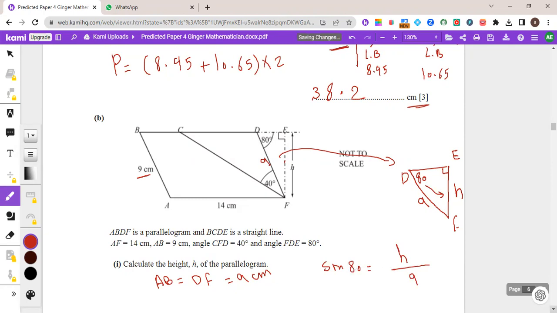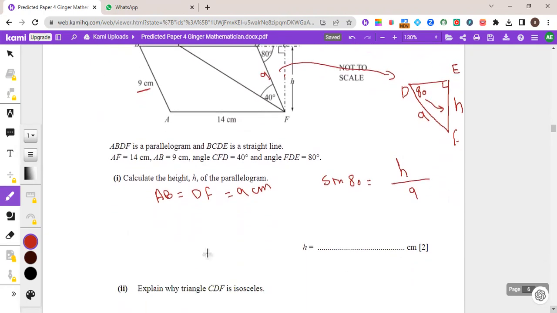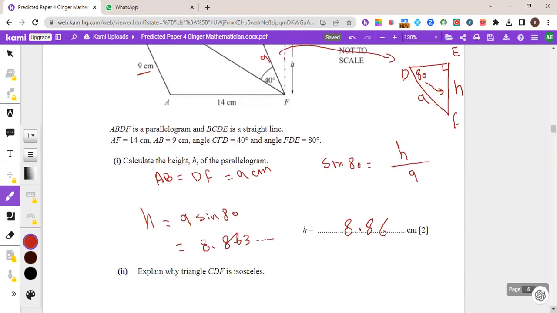So the height equals 9 times sine 80, which equals 8.86.